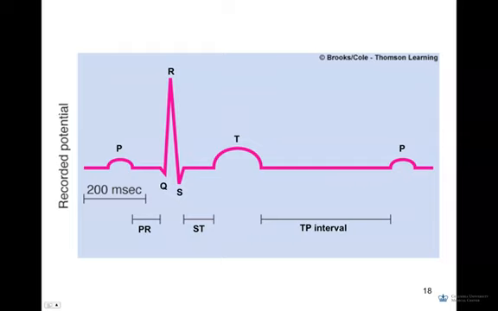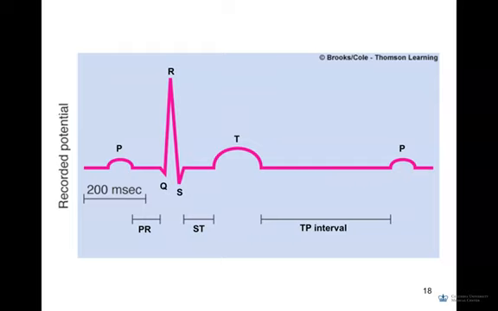If you notice, we have certain upward deflections of potential and some downward deflections of potential. The thing to remember about the EKG is we're not recording from a single cell. So an upward or downward deflection does not mean depolarization or hyperpolarization.